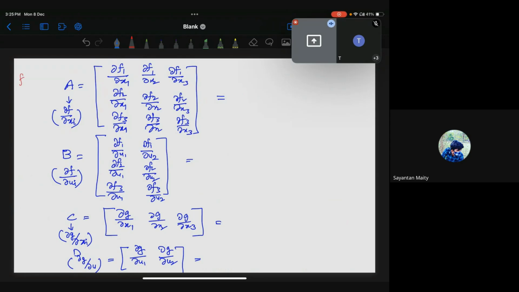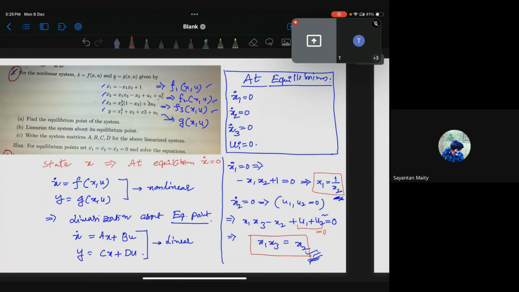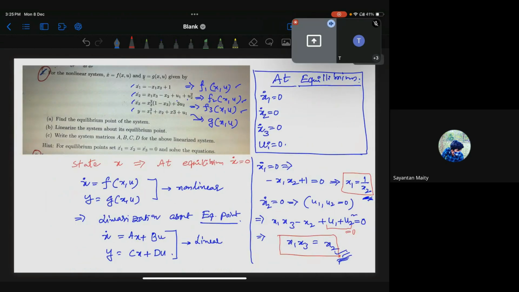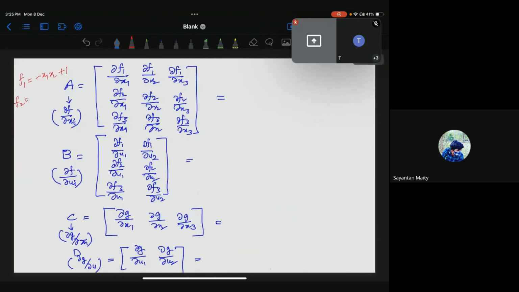F2 is X1, X3 minus X2 plus U1 plus U2 square.